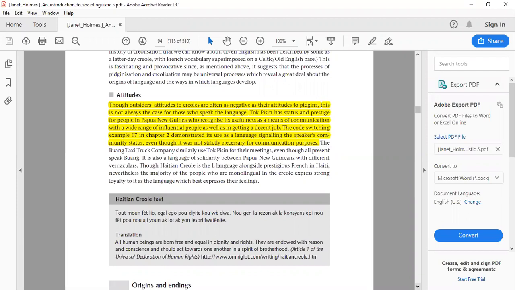And it's not necessary that in that community only one language is spoken; other languages are also spoken there.